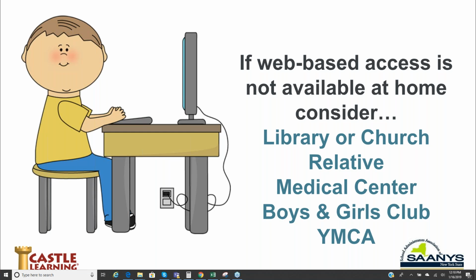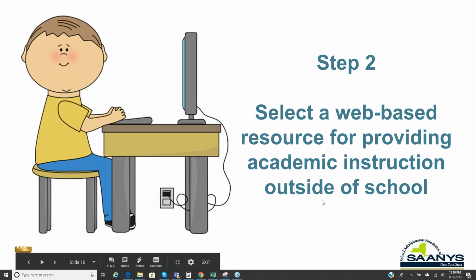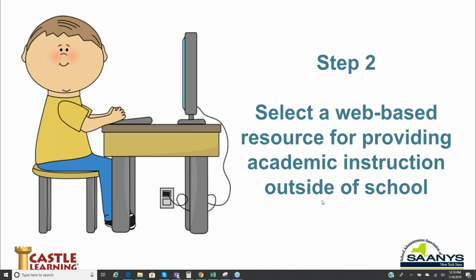I think we just have to think out of the box about what might be out there. We need to know that for that student who might be outside of school, where do they have access? I think that's step one, to know what they have at their fingertips for getting that online access. Step two, and what might be one of the more crucial parts of this, if we know the student does have some internet access outside of school, is now we have to determine what resource tool we're going to use within the school or the district to help provide that instruction to keep that student on pace.